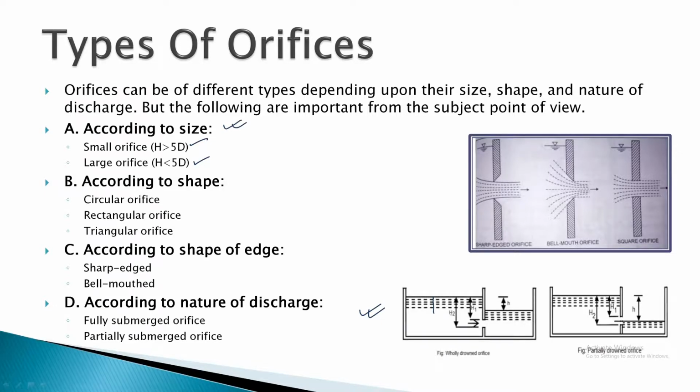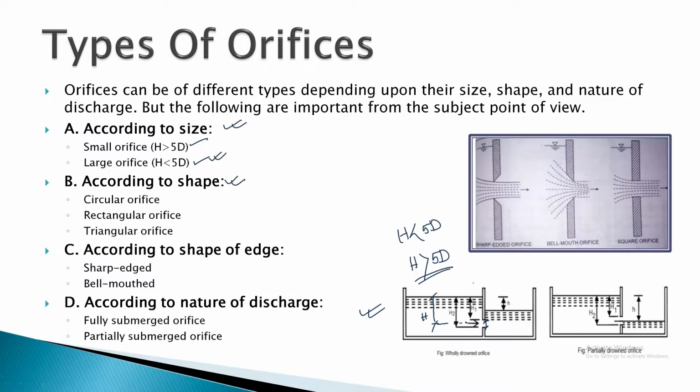Now if you take the average, that means from the center, if you consider this as H, and if this H is greater than 5d, where d is nothing but the diameter or depth of the orifice, then that will be the small orifice. And if H is less than 5d, that will be the large orifice.